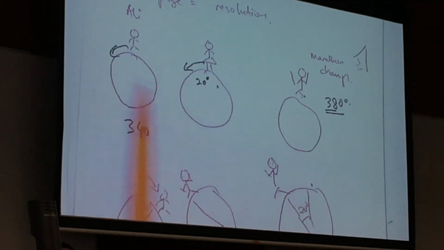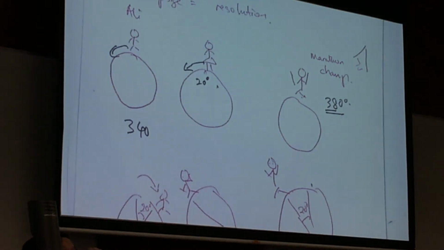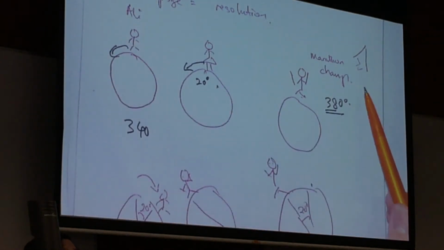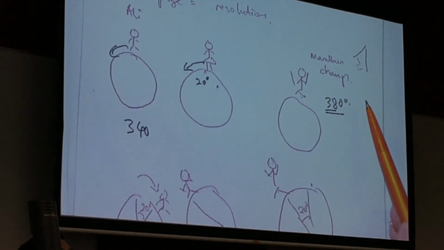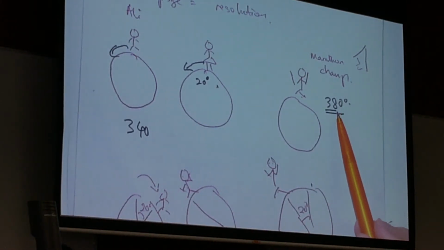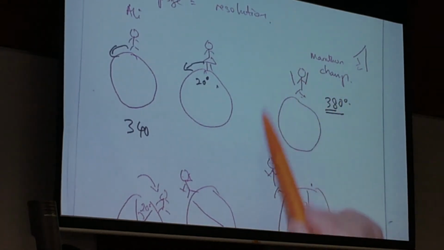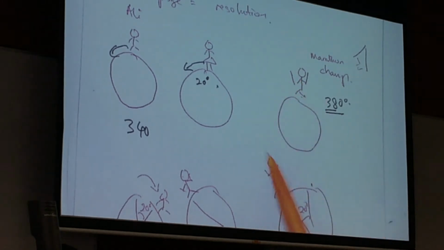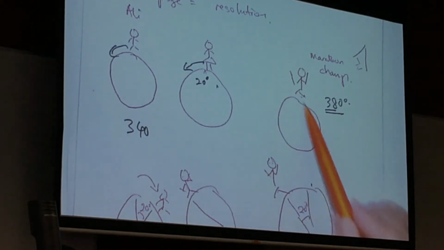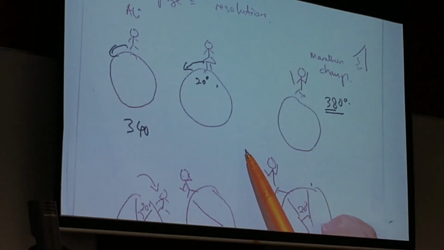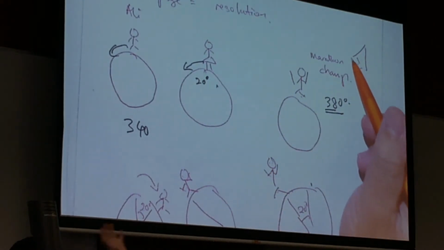Okay, now all these 3 people wear those glasses that they can see at night. Alright? And then there's this flashlight. And then imagine that this is night time. So now imagine that there's this marathon champion who can run, in this case, 380 degrees. The big cycle, 380 degrees. In the dark. Okay, this flashlight goes on and off, on and off.